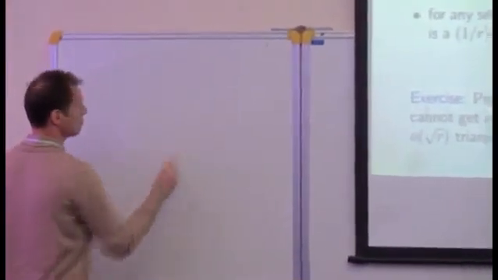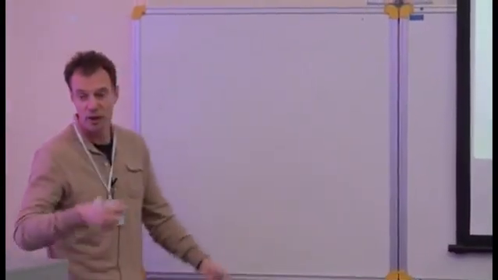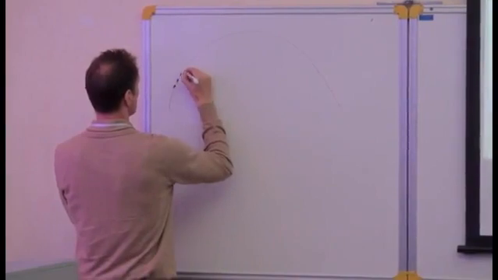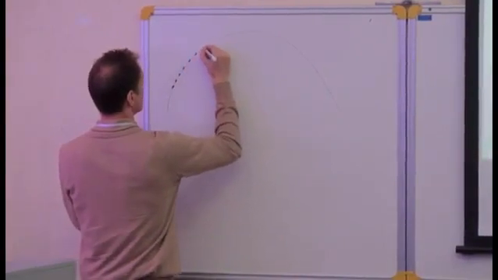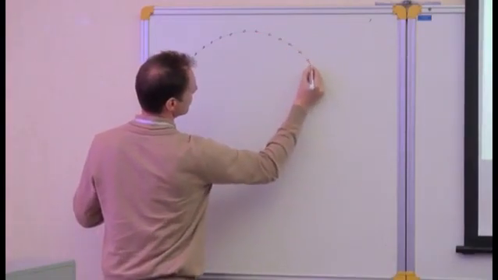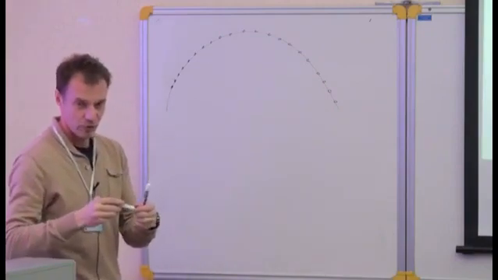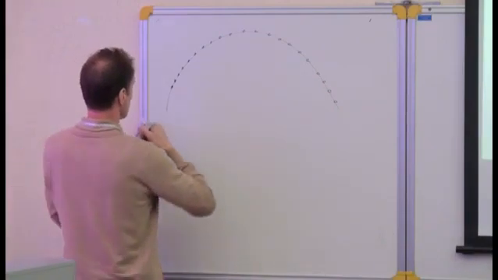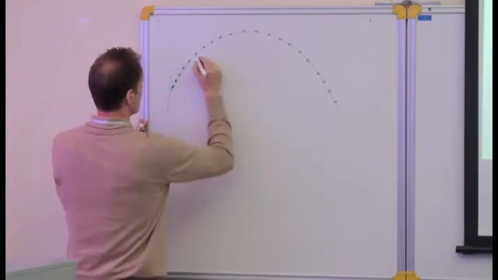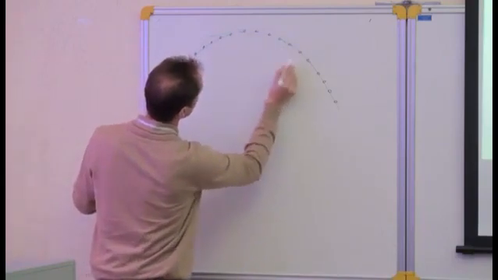I take any convex curve, a parabola, or something like this. And my points are simply going to be here. Okay, and so on. And now what I can do is something like my triangles here.